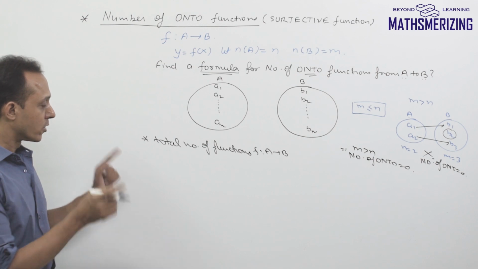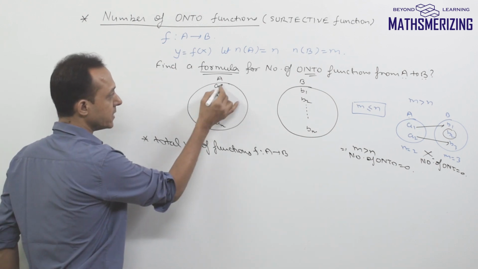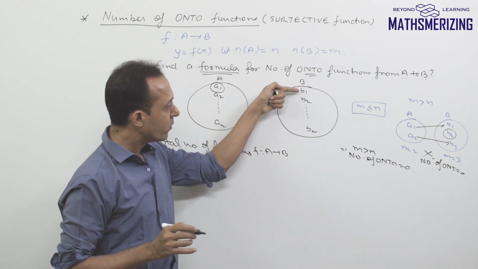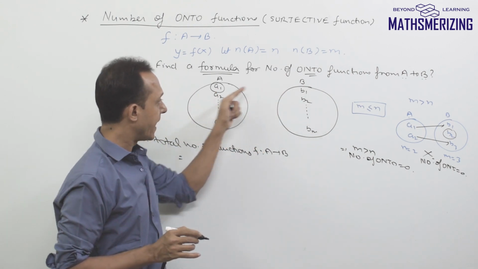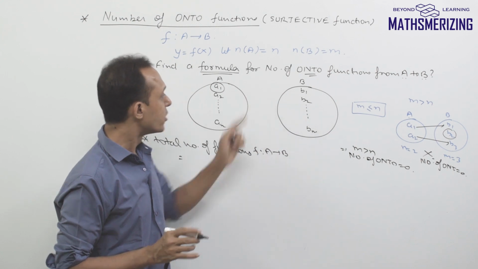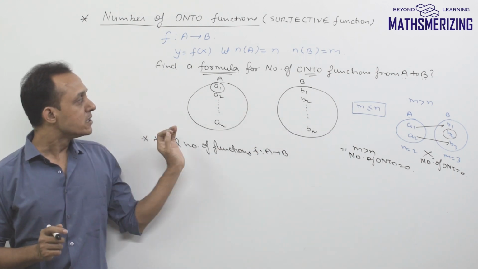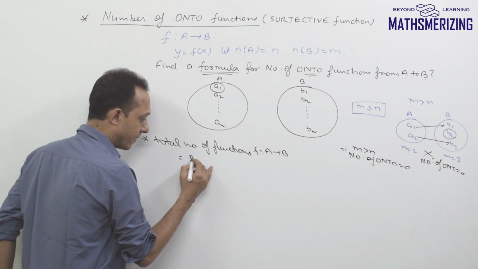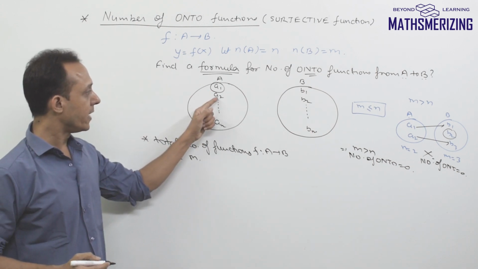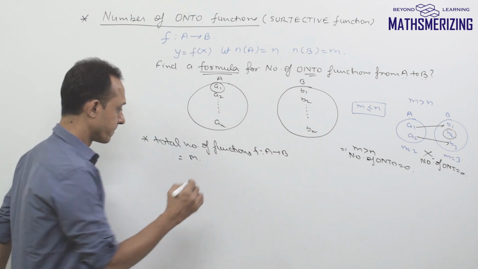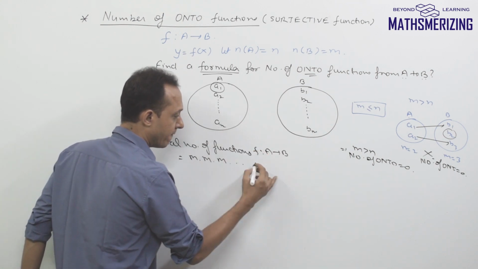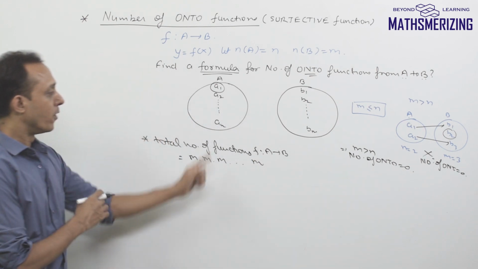Now, in order to define the total number of functions, for A1 there must be an image. So it can be either B1, B2 up to Bm. So there are m choices, and out of these m choices, I just need to select any one choice of image for A1. So in how many ways can it be done? It can be done in m ways. Again for A2, there are m choices, again m for A3, and finally again m for An.